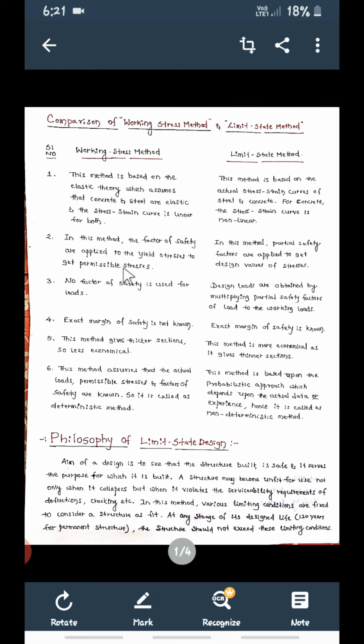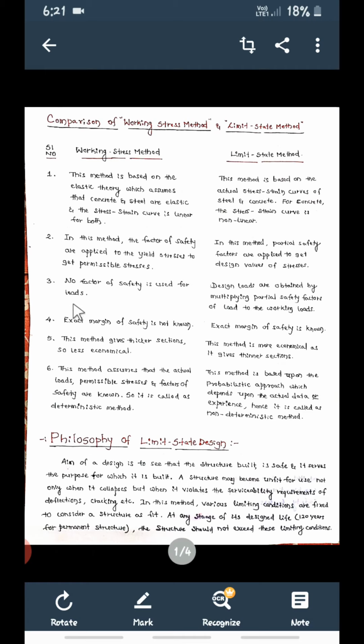But in the limit state method, partial safety factors are applied to get the design values of stress, the design stresses. To get the design stresses, we multiply by the partial safety factors.